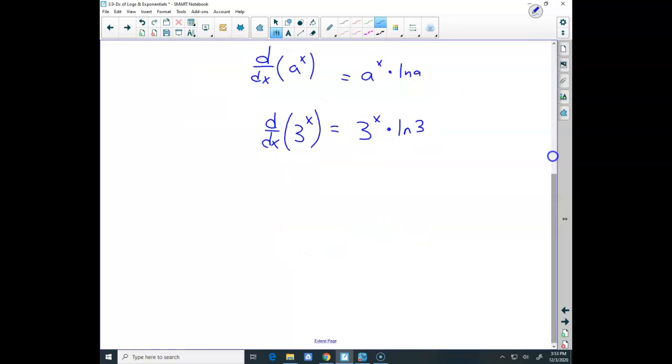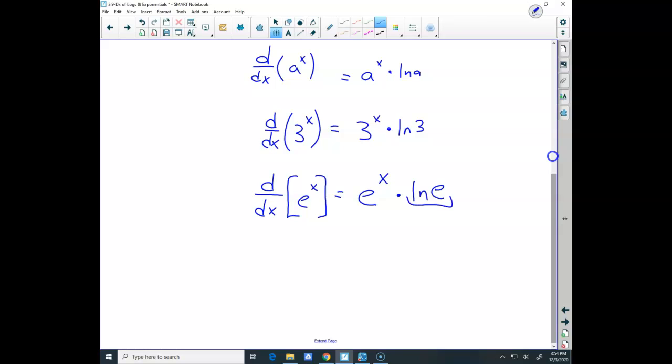And if you're like, whoa, Kruger, this is really breaking the rules, because here in my e to the x, if I'm taking the derivative of that, why aren't I taking the natural log of the base? Because we just don't have to do it. So think about this. E to the x is e to the x times the ln of e.